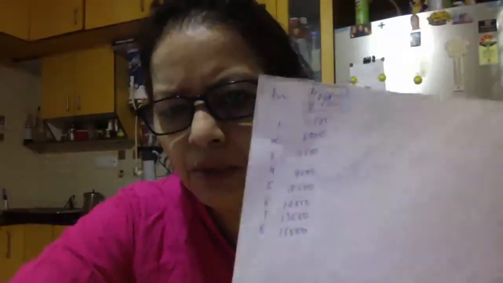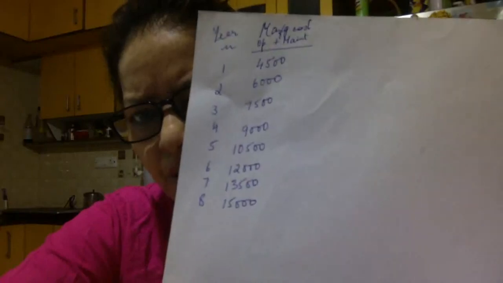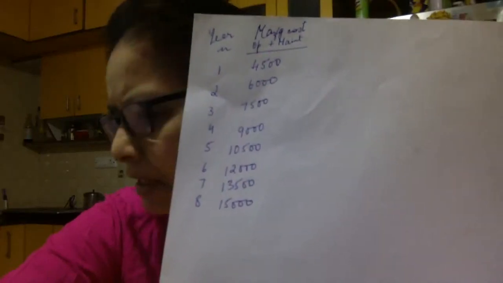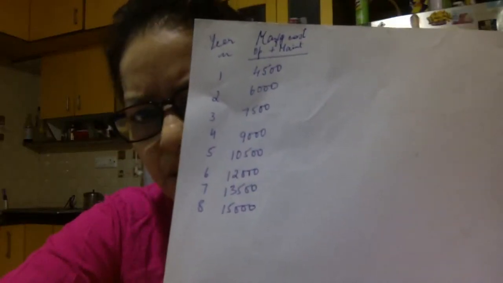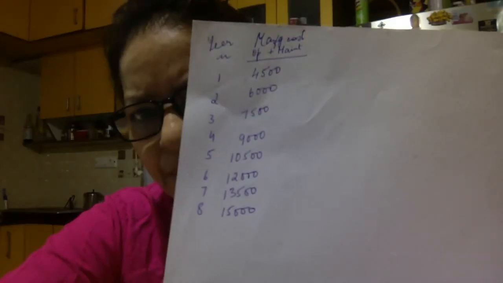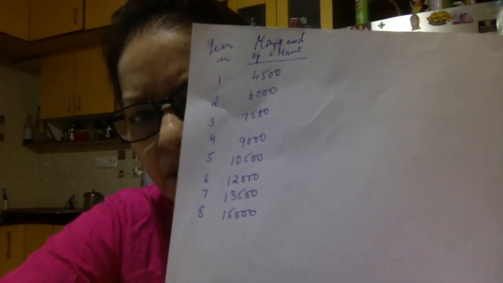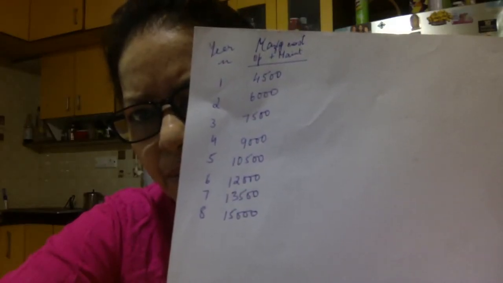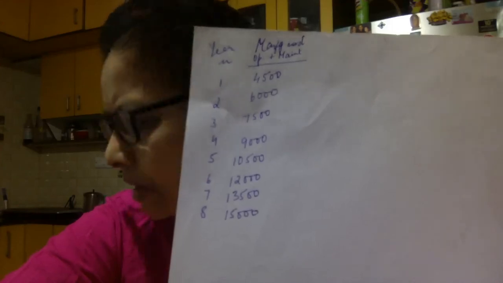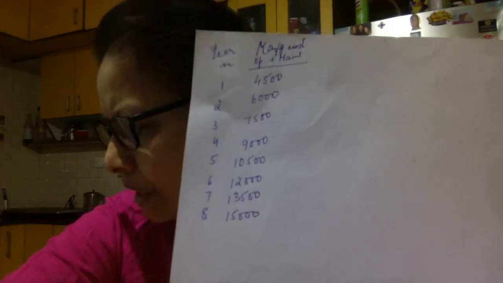Class, the second column, see this is different, I'll explain tomorrow. Second column is manufacturing cost, and I have added operation cost plus maintenance cost. Operation cost is the second row given in the problem. Maintenance cost is the third row given in the problem. Okay. Next, you write total running cost.